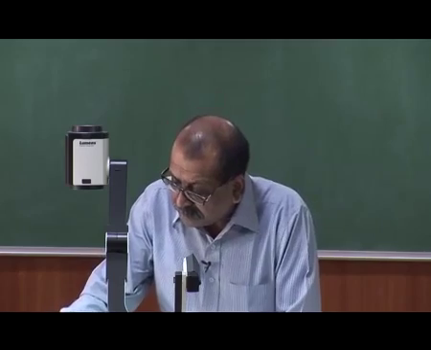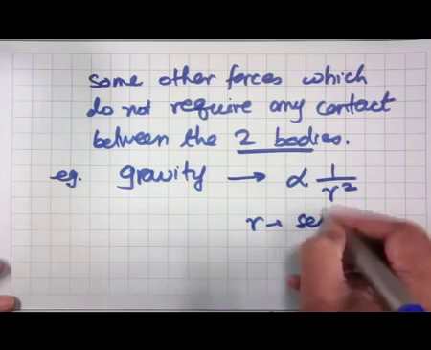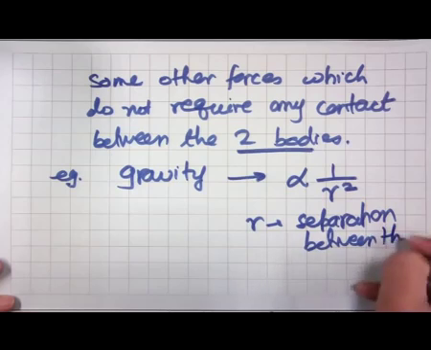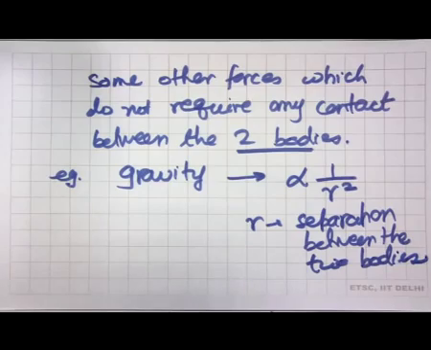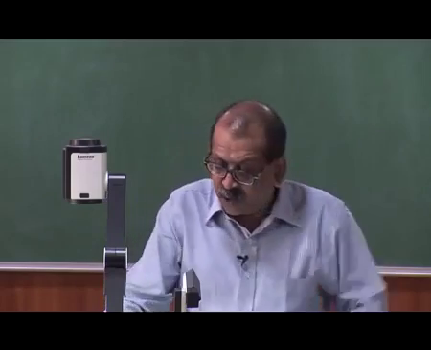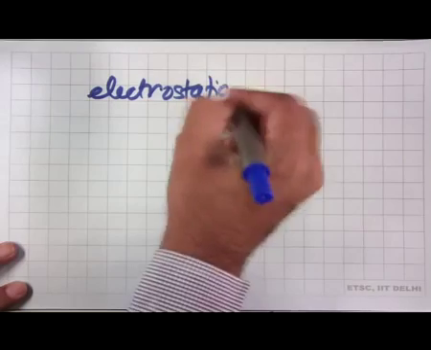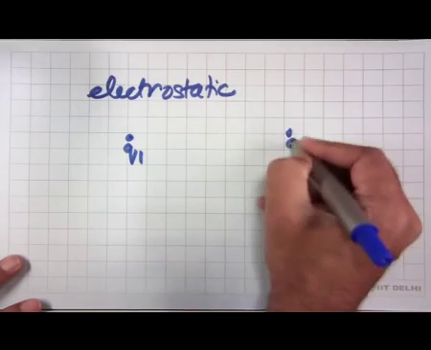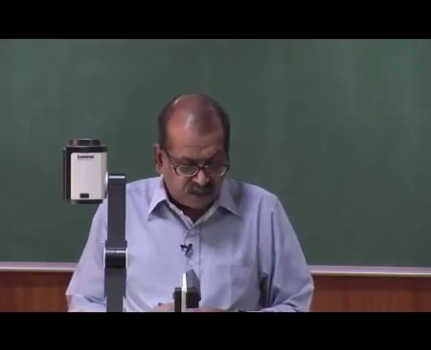This force of gravity is proportional to 1 over r squared, where r is the separation between the two bodies. In fact, it is not only the magnitude, the direction is also specified by the law of gravity, and we will look at this later. But in addition to gravitational forces, there are forces between two charges. If we have a charge q1 and a charge q2, then there is a force between these two charges which we call the electrostatic force.